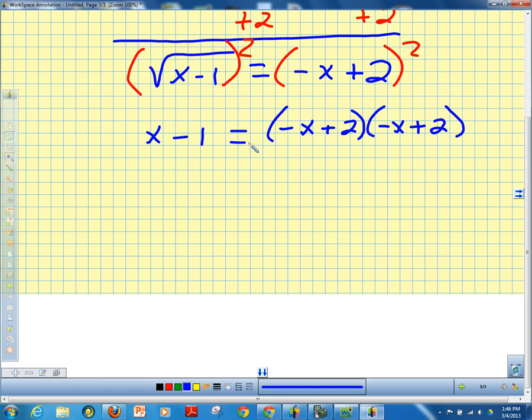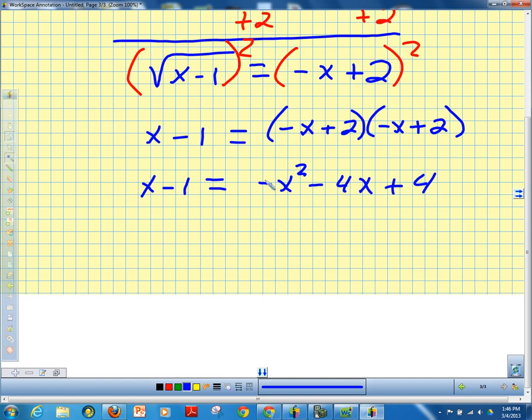Alright, so I got x minus 1 on the left, and then I have to FOIL that. It's a little weird foiling with the negative x, right? But yeah, that's okay. Go for it. Why is it minus x squared?